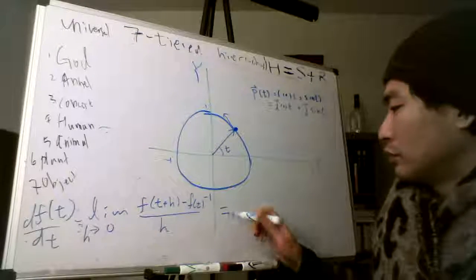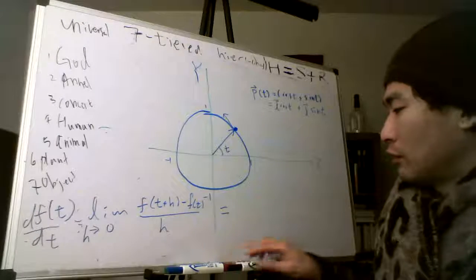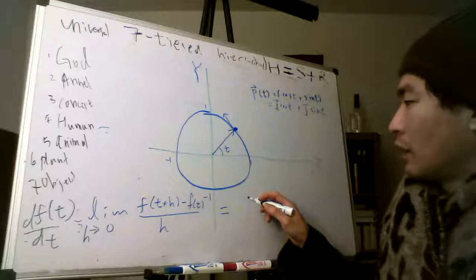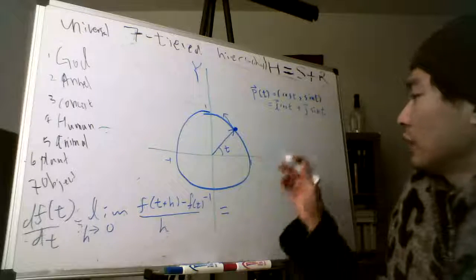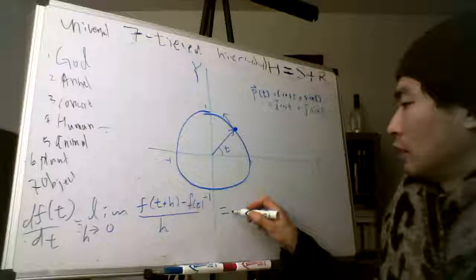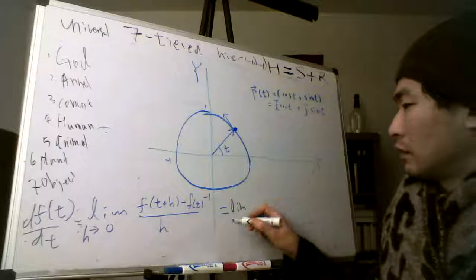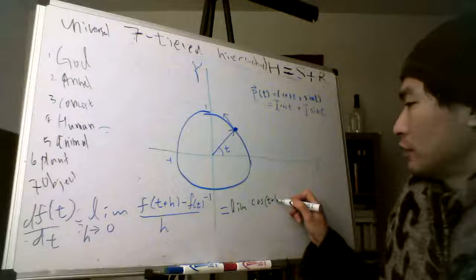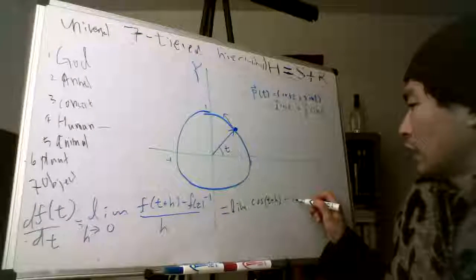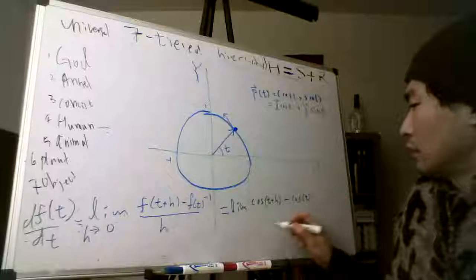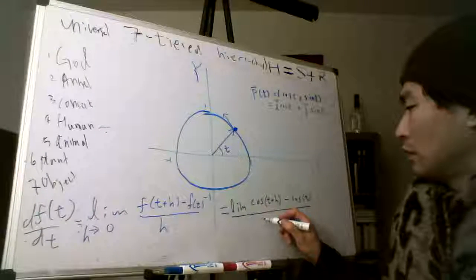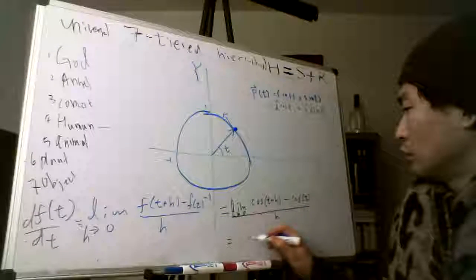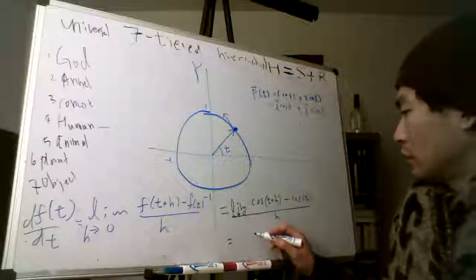Is equal to, I'm going to write in black so that you can see. What is f(t), what is our function? Cosine. You have the limit as h goes to 0 of cosine(t plus h) minus cosine t, over h, is equal to, well, you're just expanding this. What is this?